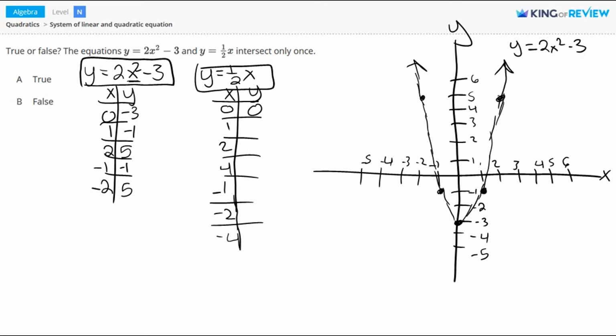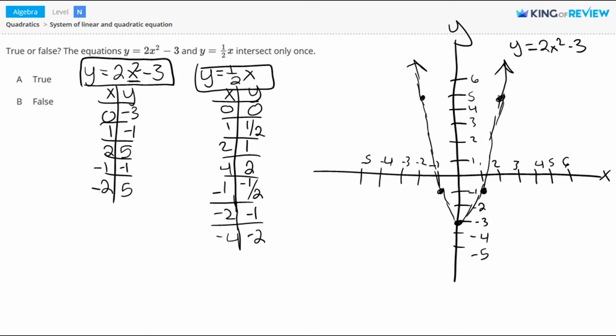So the point 0, 0 is on my graph. When I plug in a 1, I get a y value of 1/2. When I plug in a 2, I get 1. When I plug in 4, I get 2. When I plug in a -1, I get -1/2. When I plug in a -2, I get -1. And when I plug in a -4, I get -2.